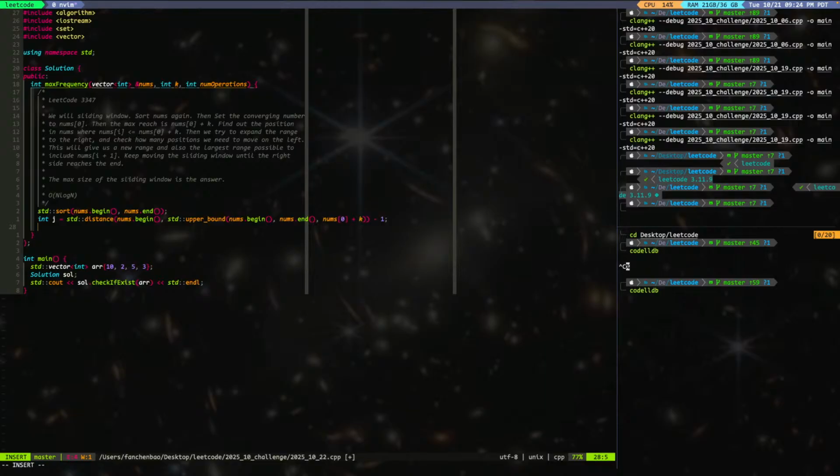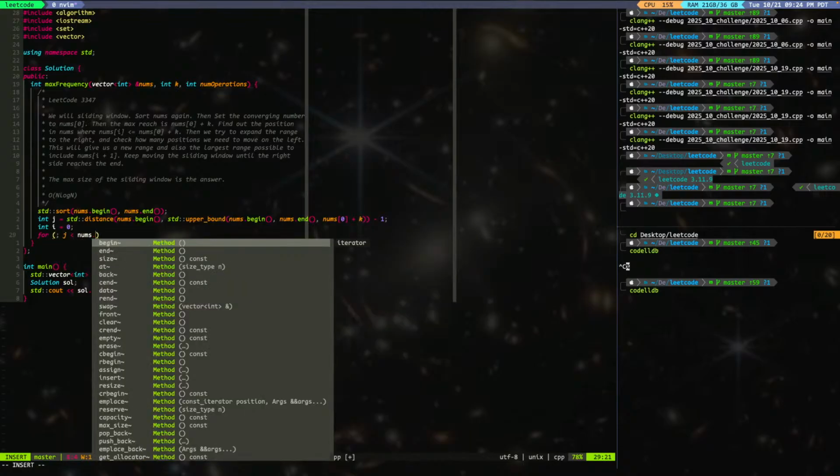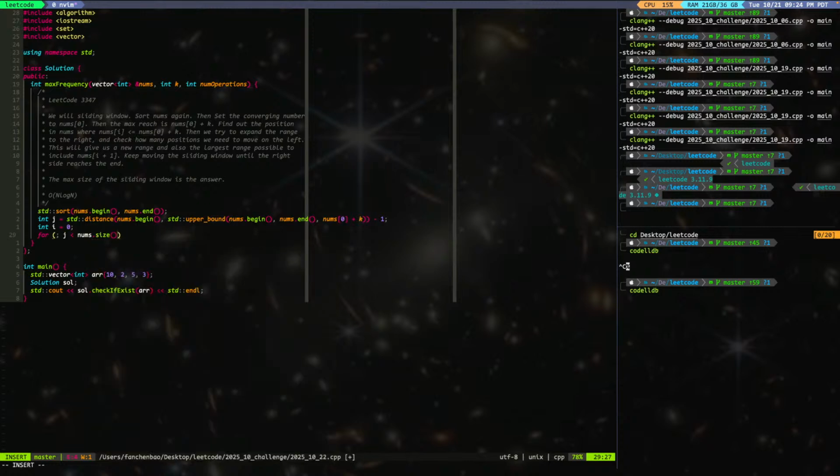That's j, right? And then int i is equal to 0. So for j smaller than nums.size, because once it hits there, that's the end. j plus plus.